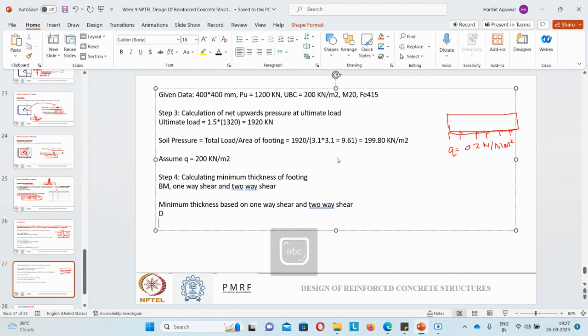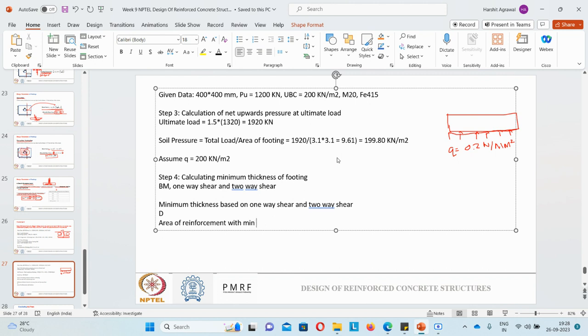Once you get the value of D, calculate the area of reinforcement. You know the bending moment which is acting, you know the depth. So calculate the area of reinforcement that is needed and check it with the minimum reinforcement. If it is fulfilling that criterion, then the depth that you have provided is safe for bending also. So you don't need to do the bending calculation twice.